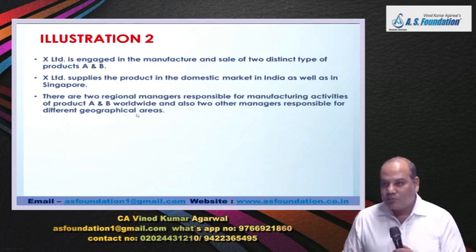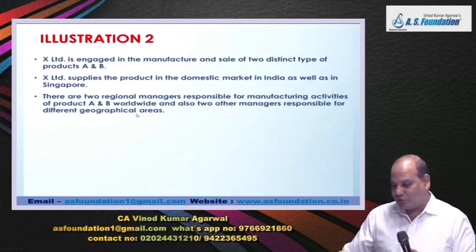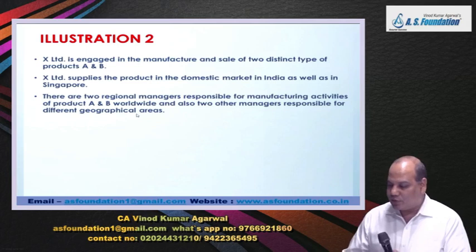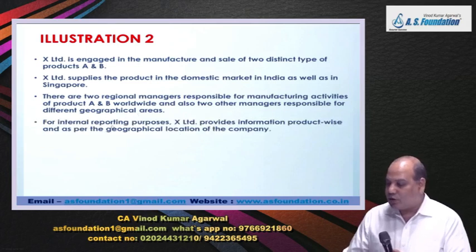Some managers are responsible for location, some are responsible for manufacturing activity. For internal reporting purpose, X Limited provides information product wise and as per the geographical location of the company.